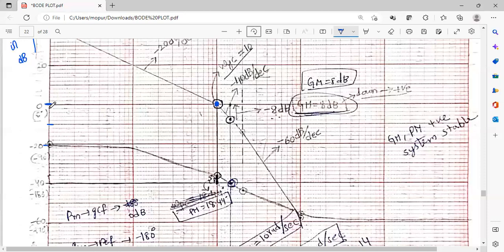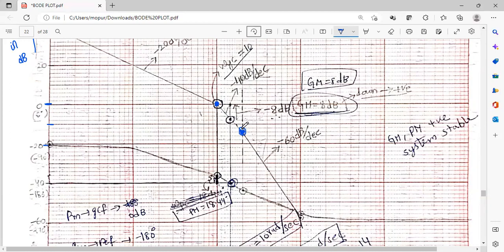Zero, minus 2, minus 4, minus 6, minus 8, minus 10, and this is minus 12. So you can see at 20 this is minus 12.04.